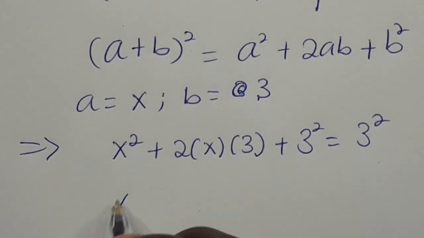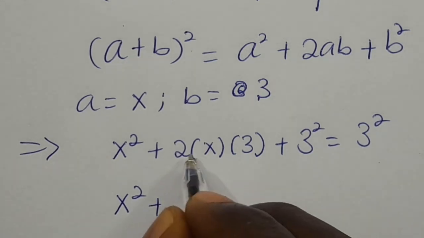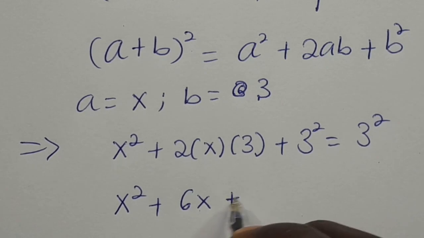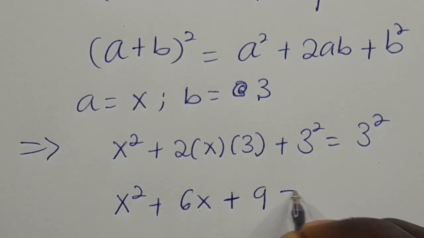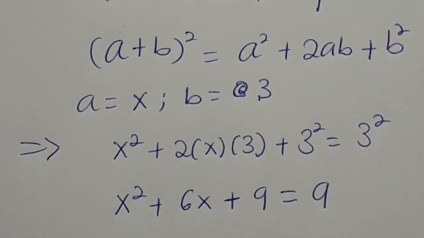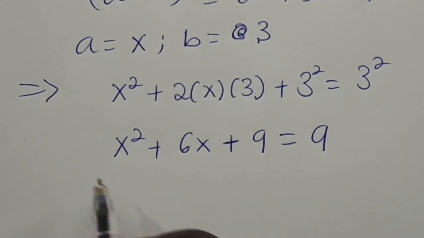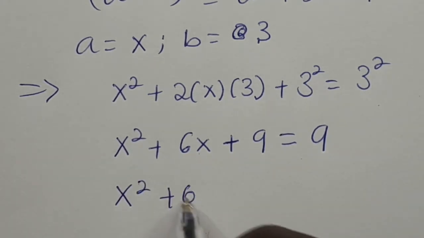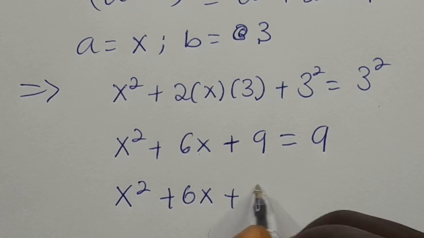Then from here we have x squared plus 2 times 3 will give us 6x, plus 3 squared will be 9, equals 9. So from here we have x squared plus 6x plus 9.